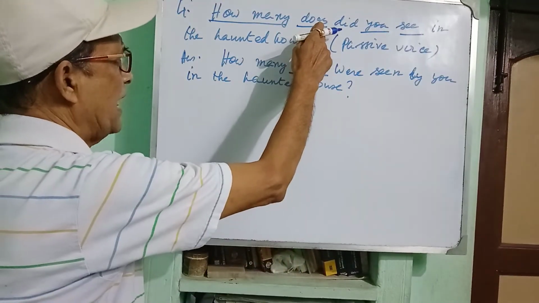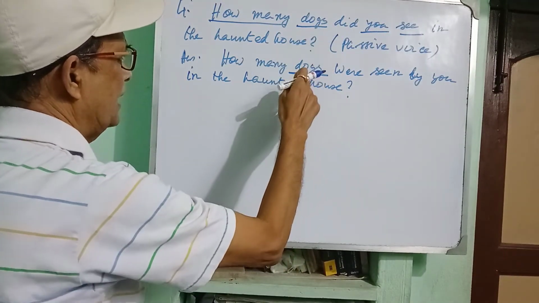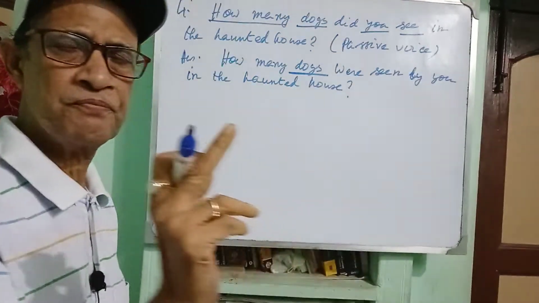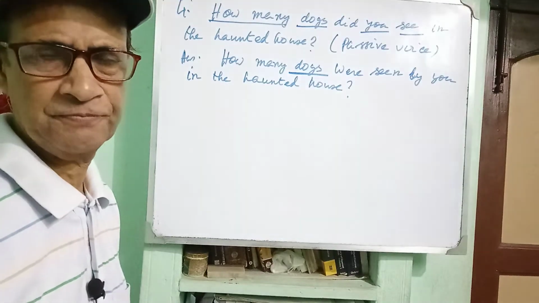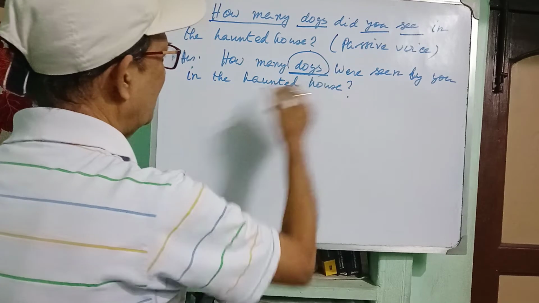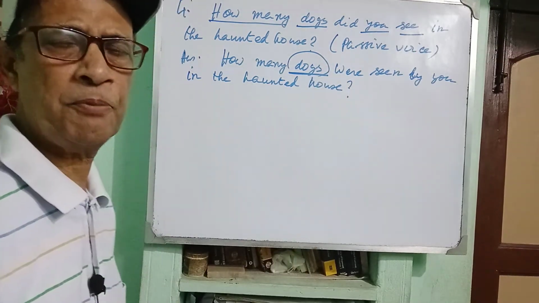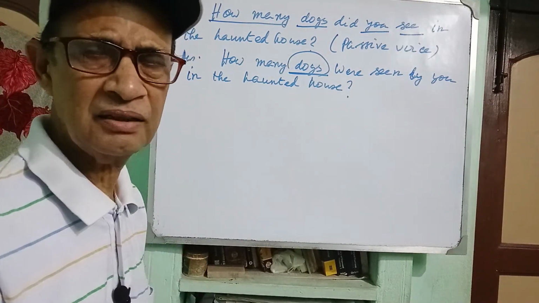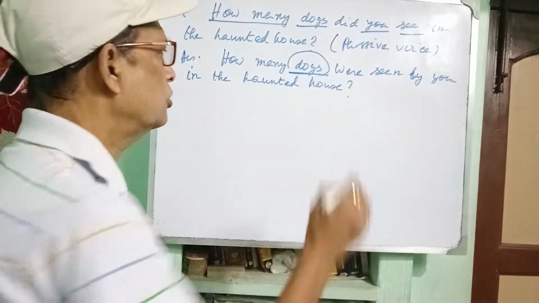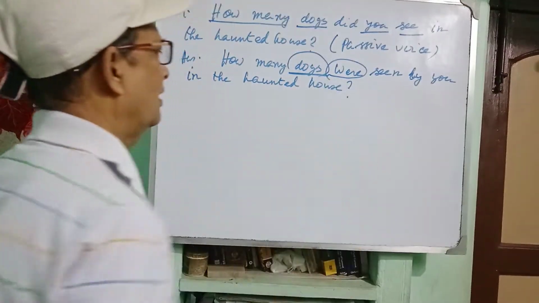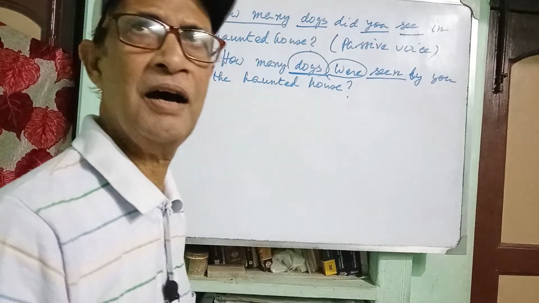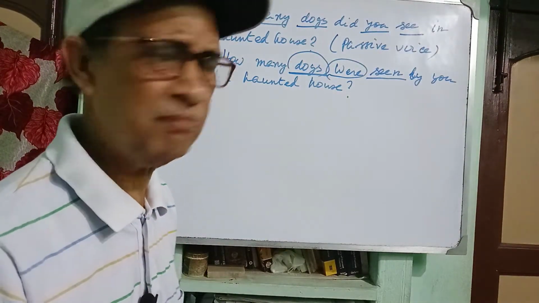As it is the past tense, dogs is plural number, and the forms of be are am, is, are, and its past forms are was and were. So were, and the finite verb will be the past participle form.